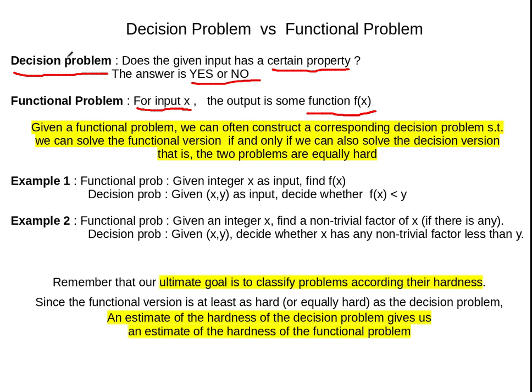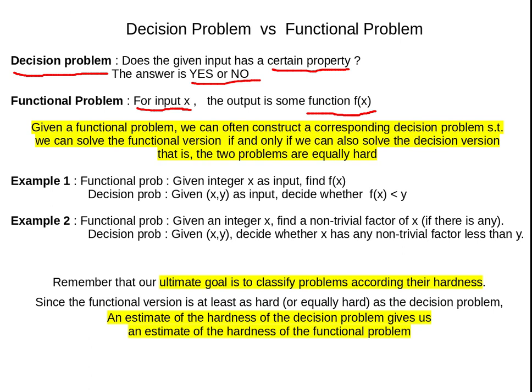Now, why restrict ourselves to decision problems? Because remember, the final goal of complexity theory or theory of computation is to classify problems according to their hardness. You want to determine how hard it is and what sort of computers are needed to solve that problem, or whether it can be solved at all by some kind of computer.